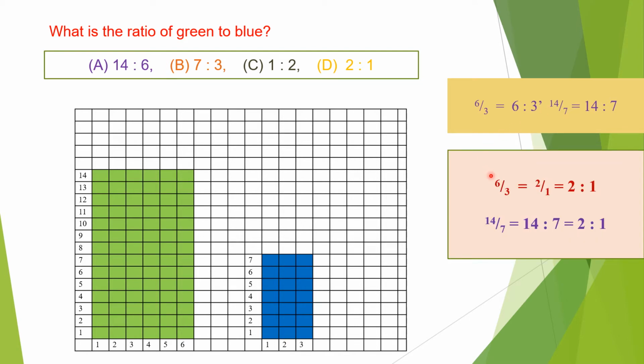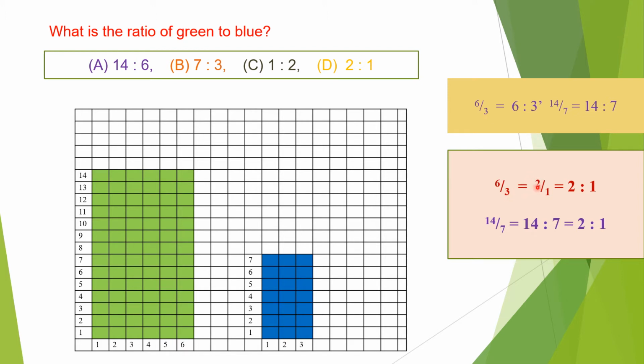Good. The reason why this was written as a fraction is because we may have to reduce to the lowest terms. In this case, to reduce this 6 over 3 to the lowest terms, we look for the highest common factor between both. In this case, it is 3. 3 into 6 goes 2 times. 3 into 3 goes 1 time.